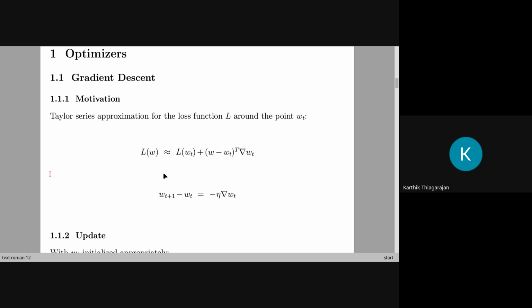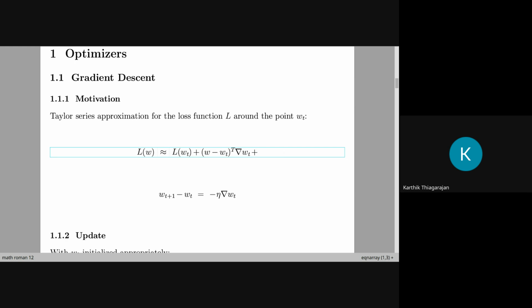So this is a Taylor series approximation, but is there anything specific that you can say about this? It is what order approximation? Yeah, it's a linear approximation. First order approximation or linear approximation. If you want to be more specific, you can go ahead.